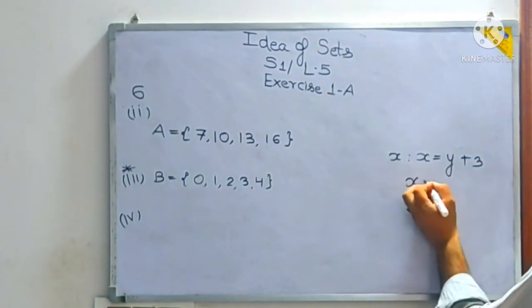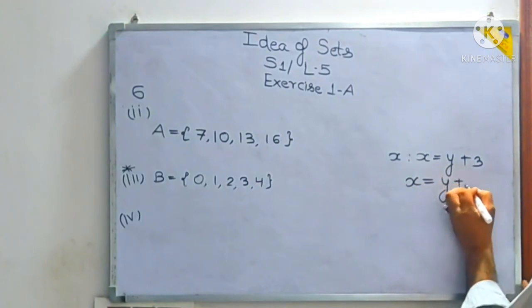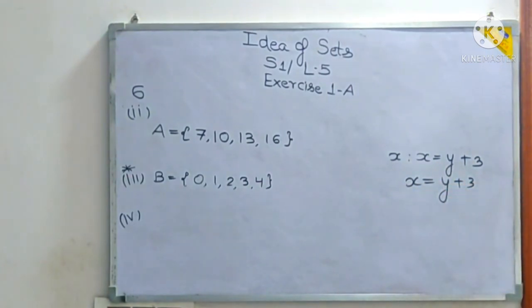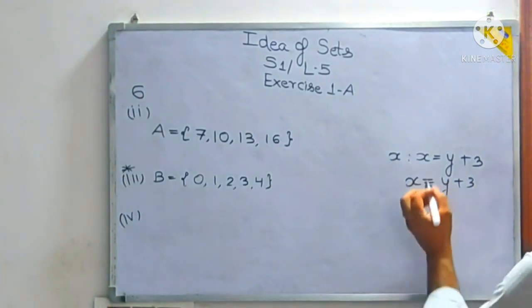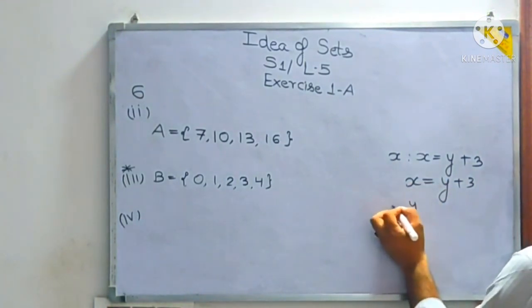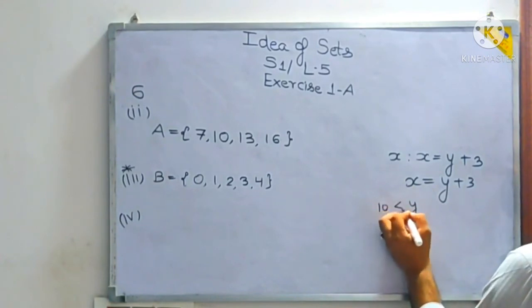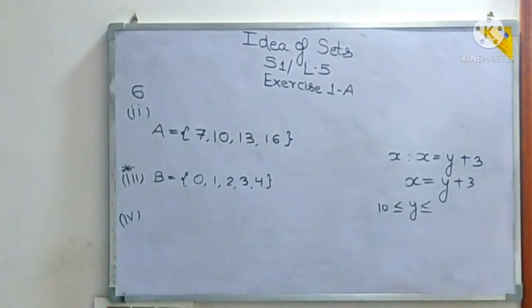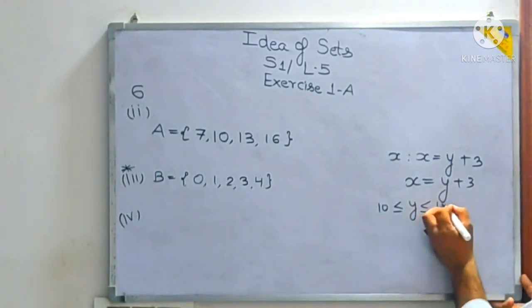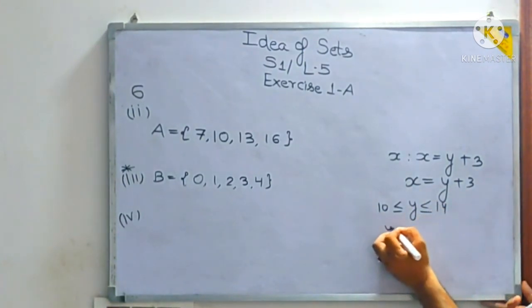Now see, have you got it in this form, x equal to y plus 3 only? Yes or no? And then the value of y ranges from more than equal to 10 and less than equal to 40. That means what all values of y can we take?